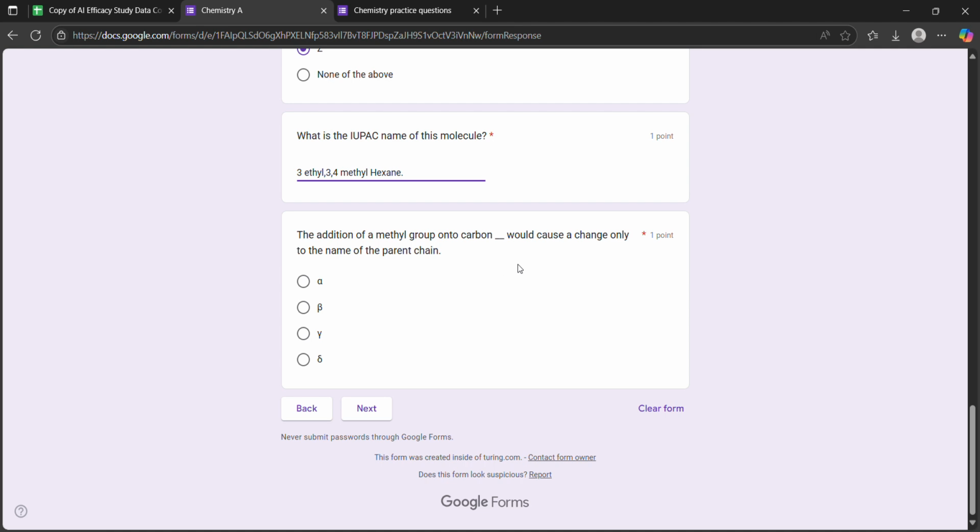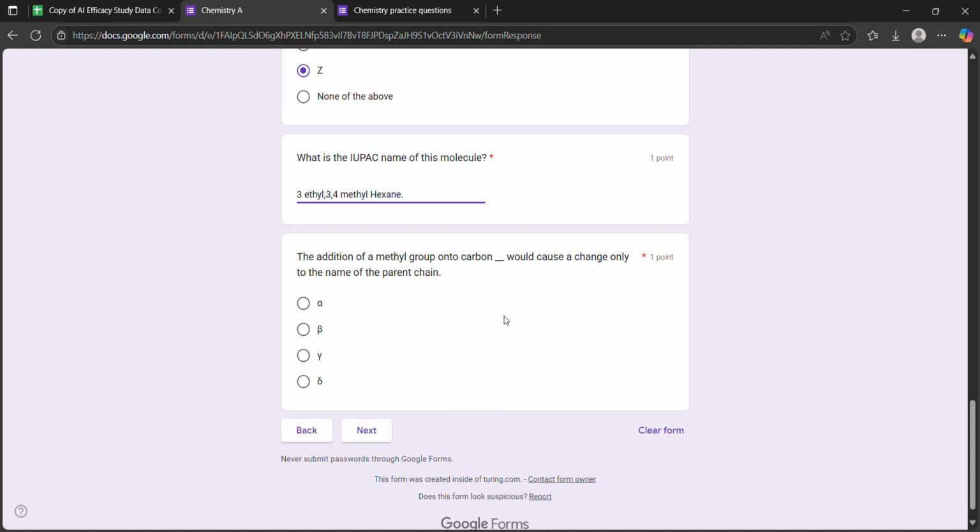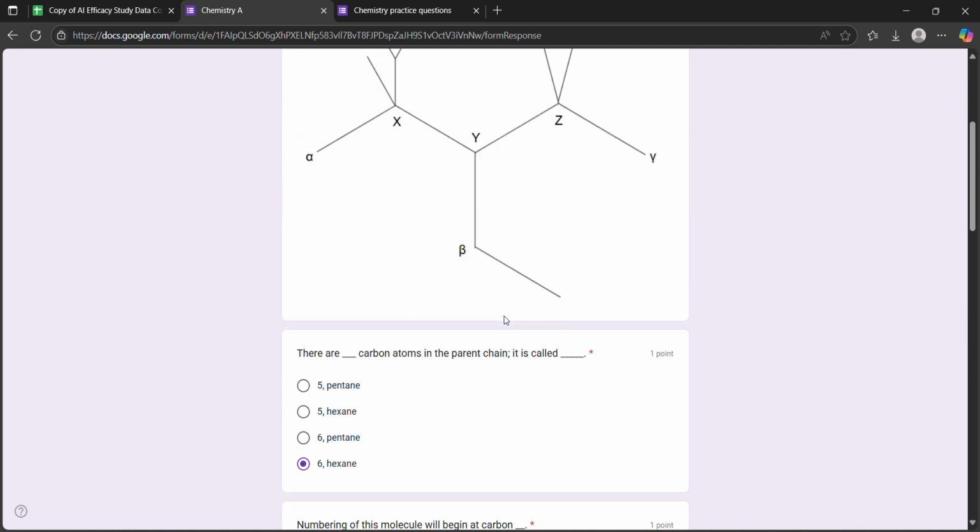The addition of a methyl group onto carbon dash would cause a change only to the name of the parent chain. So it is asking about the named carbon atom on which if we add a methyl group, then that would change only the name of the parent chain.